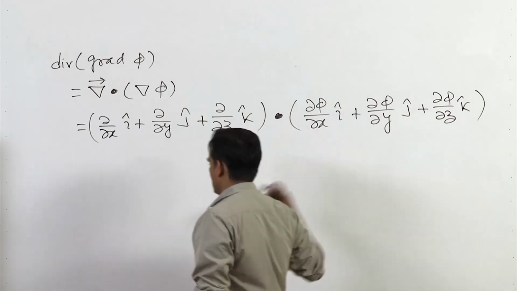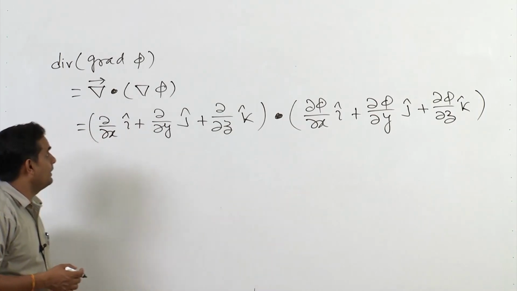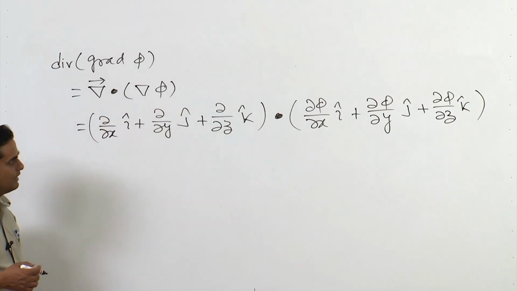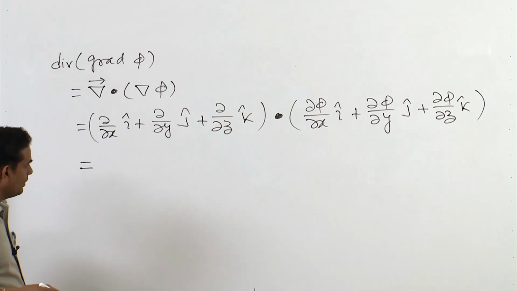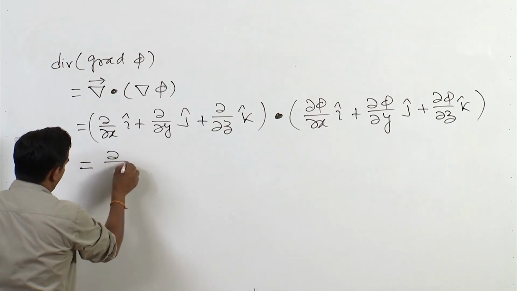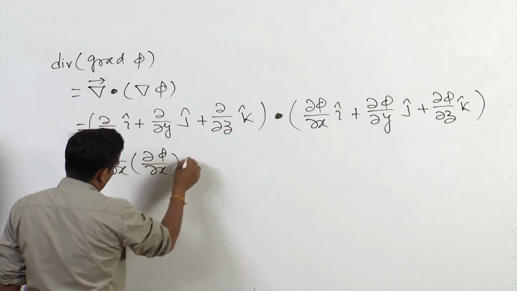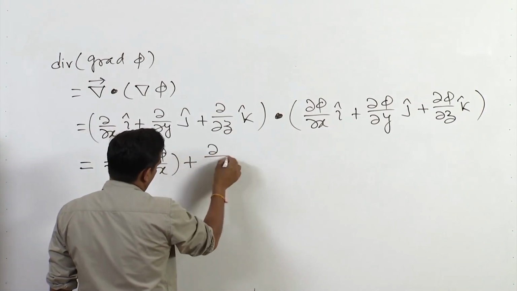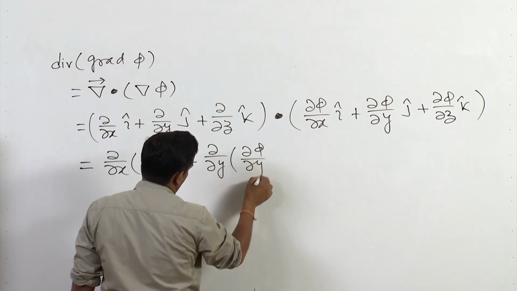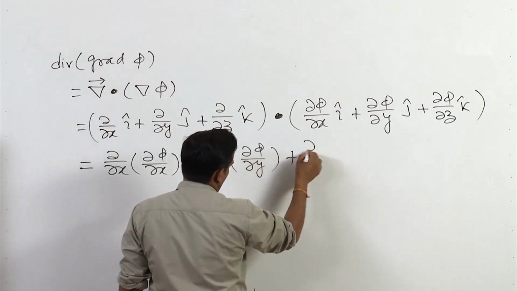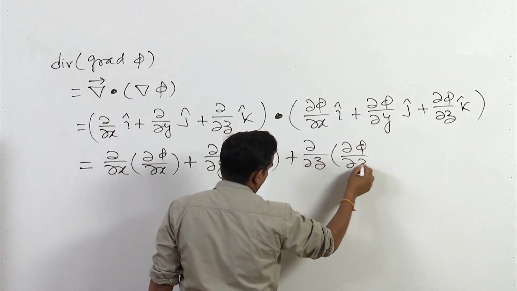So in the second bracket we have del phi, that is, gradient of phi. Now if I do the dot product of these two vectors, it becomes del over del x of del phi over del x plus del over del y of del phi over del y plus del over del z of del phi over del z.